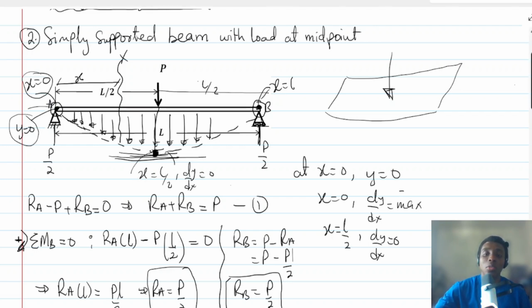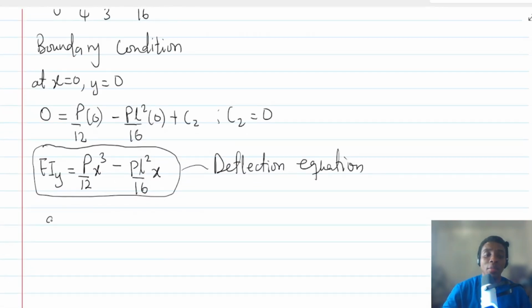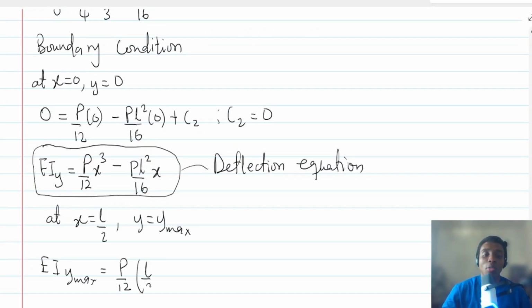So if we are interested in the maximum deflection, we can say that at x equals L over 2, y is equal to y max. So let's put it inside and do it. EI y max equals P divided by 12 times L over 2 cubed minus PL squared over 16, then multiplied by L over 2.